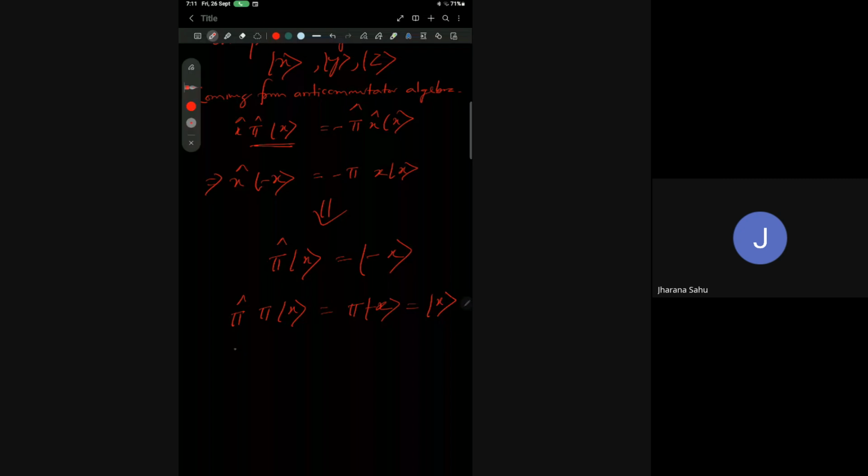So identity. This implies pi pi is equal to identity, so pi square is equal to identity. The parity operator is a unitary operator, so pi dagger pi is equal to identity, but at the same time pi square will also be equal to identity. Okay.